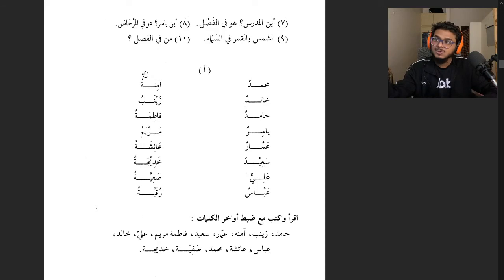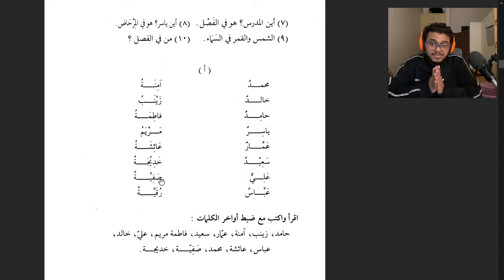And Amina too, it also has ta marbuta, but it is a female name before that, so it is already a feminine noun, muannath. So we have two evidences for the word Aminatu. Zainabu is used for females, so muannath. Fatimatu muannath, two evidences. Maryamu muannath. Aishatu muannath. So all these names are muannath.